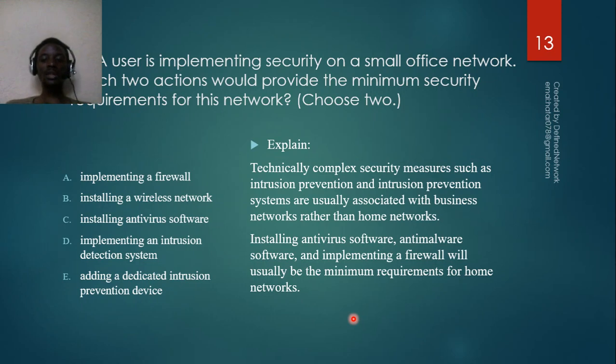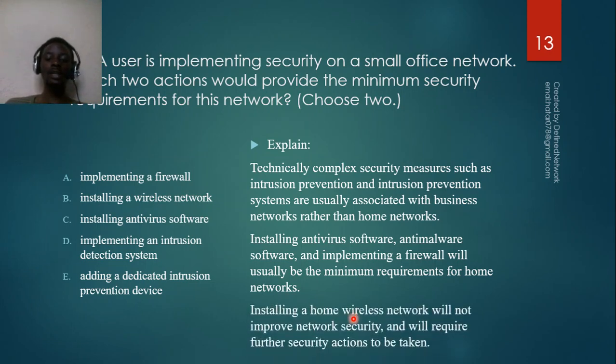Installing antivirus and antimalware software and implementing a firewall will usually be the minimum requirement. Installing a wireless network will not improve network security. So the answer is A and C. A firewall filters outgoing and incoming traffic.